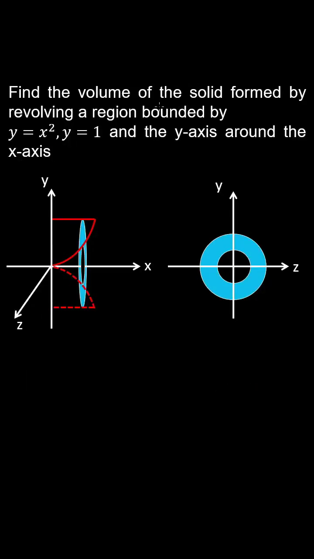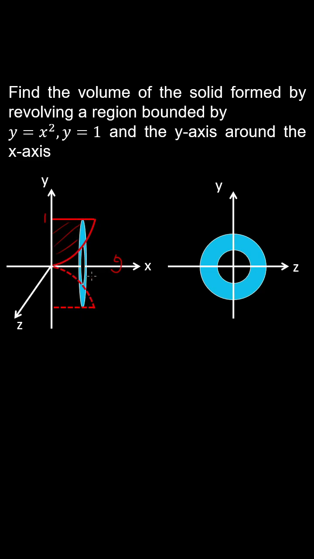Let's find the volume of the solid found by revolving the region bounded by the parabola, y equals 1, and the y-axis, so this 2D region, around the horizontal axis. So in this case the curve does not touch the axis, so we can use washers.